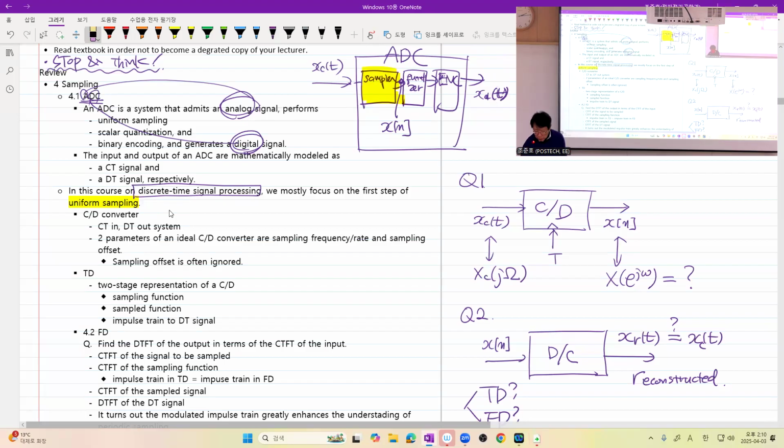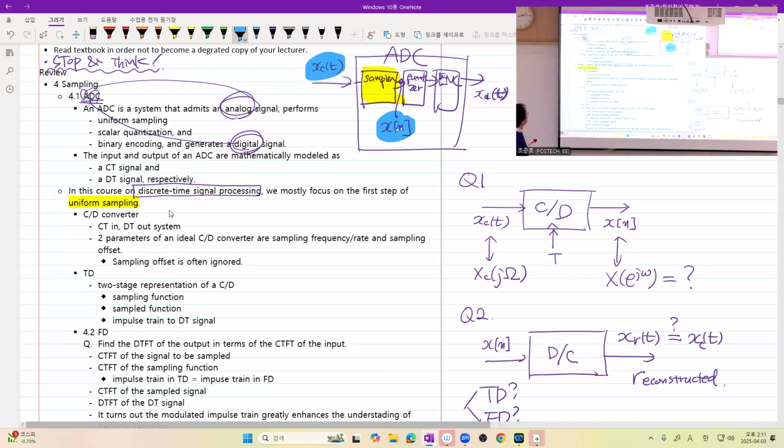Actual ADC has a continuous time signal having zeros or 5, or negative 2.5 and positive 2.5, approximately. But we model this as a discrete time signal. Then back here, we have a discrete time signal model. So we have interest in the relation between these two signals, right?